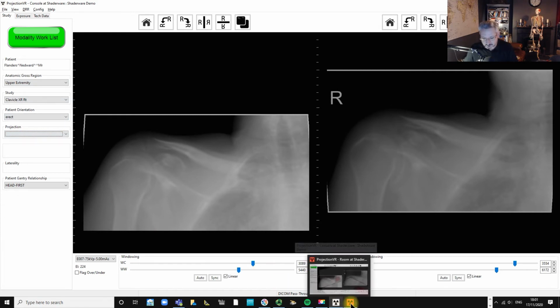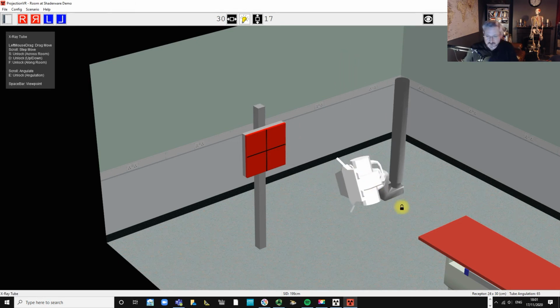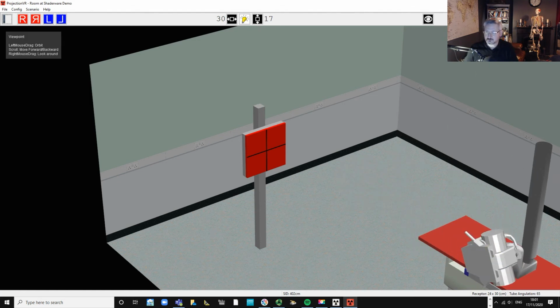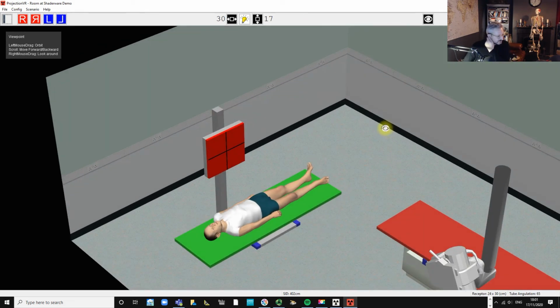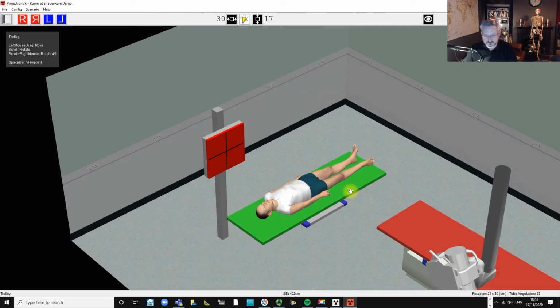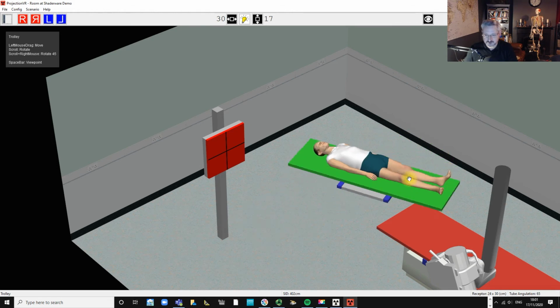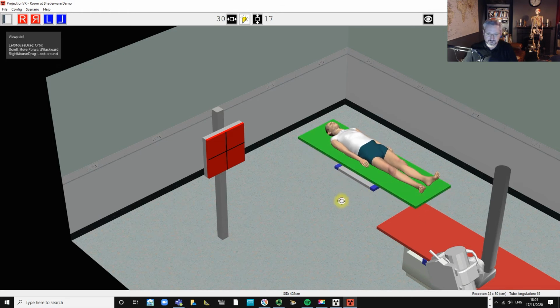Okay, so we'll go to here. I'll just move the X-ray tube out of the way. So we'll just move it over here somewhere until it's out of the way, and then we'll bring the patient into the room. Okay, so he's been brought in on a stretcher, and then we've got to position him for his imaging. So what I'm going to do is turn this round, pop him there.